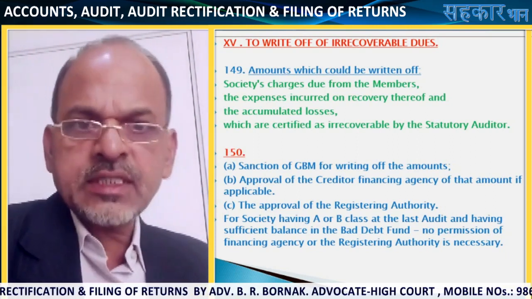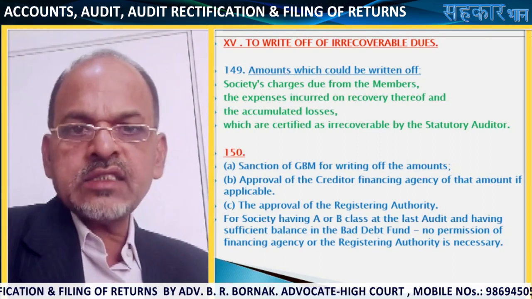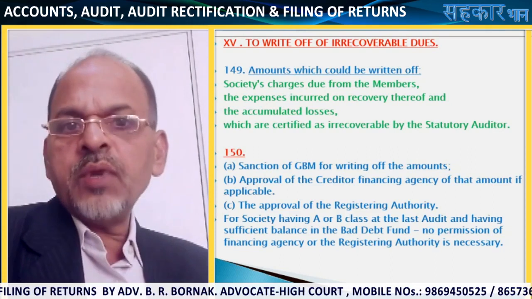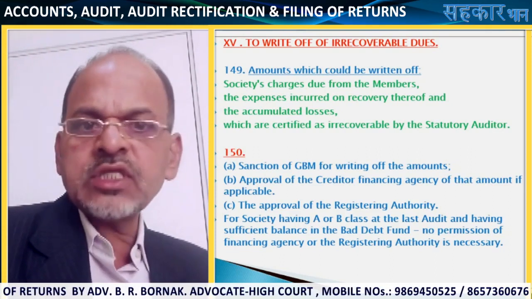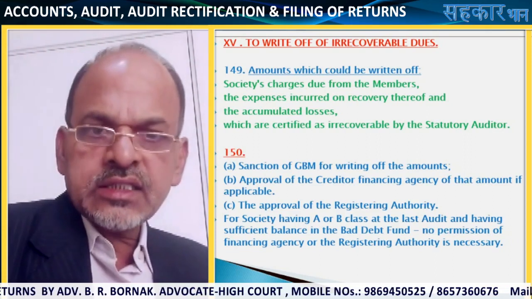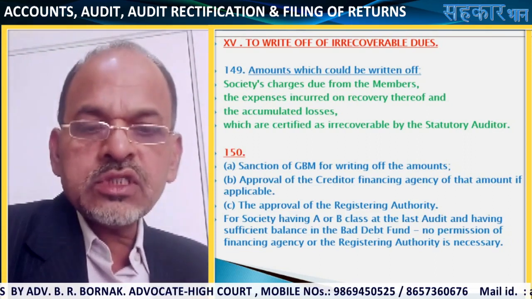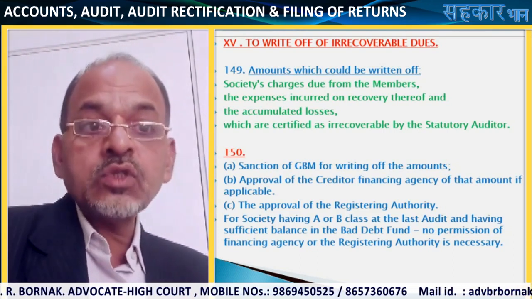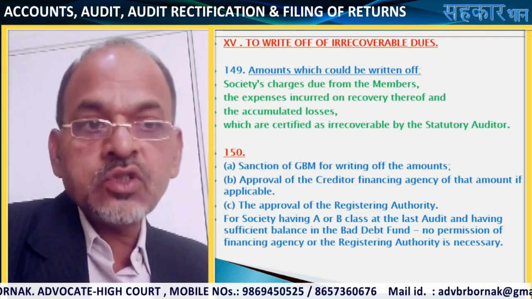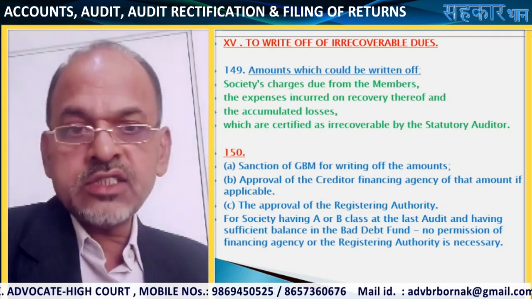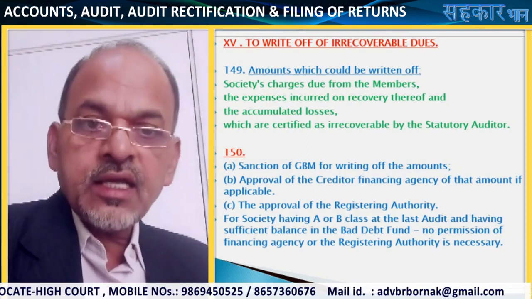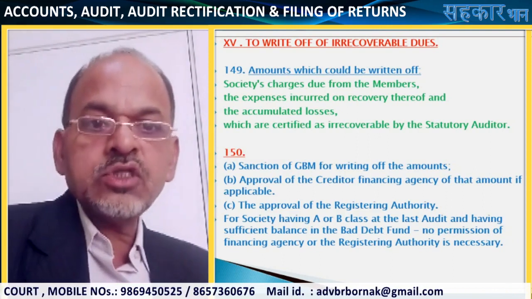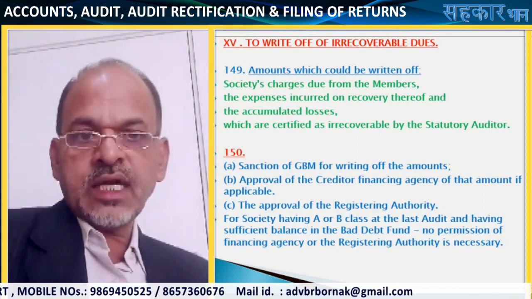The society has made enough efforts and has spent much amount for recovery of these dues, but now these dues cannot be recovered and hence they are irrecoverable dues. In this manner, the statutory auditor of the society is required to certify that these dues are irrecoverable. Then the further step to write off these irrecoverable dues can be taken.